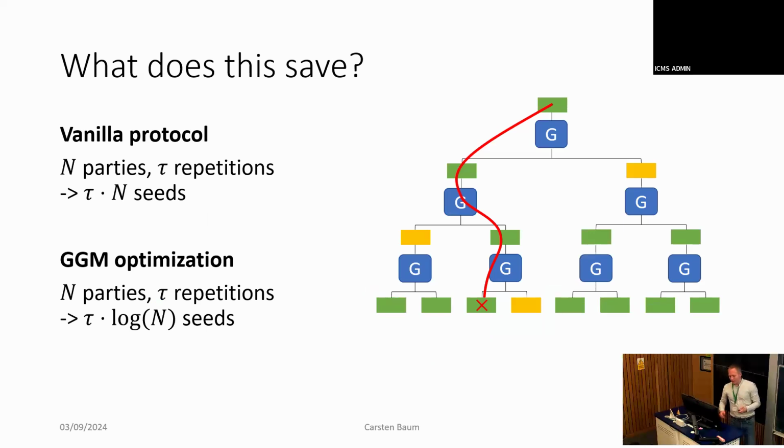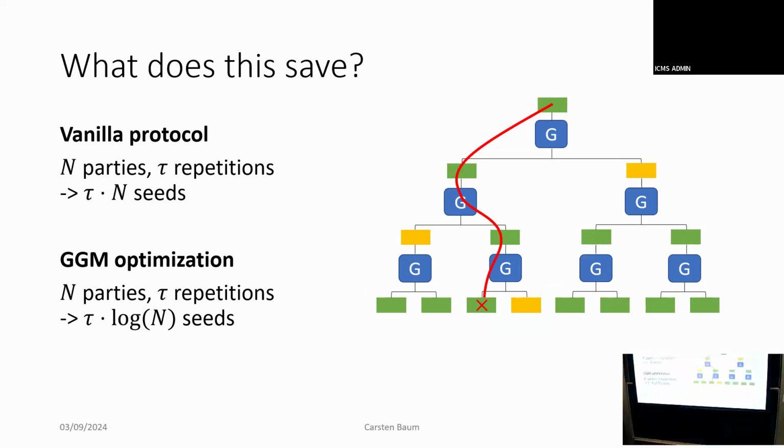Right. So now if we do parallel repetition, if we have n parties and tau repetitions, then instead of tau times n seeds, we have tau times log n seeds that we're sending. So we even squeeze that down.